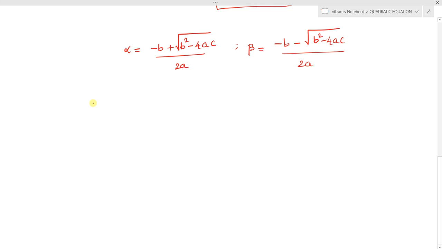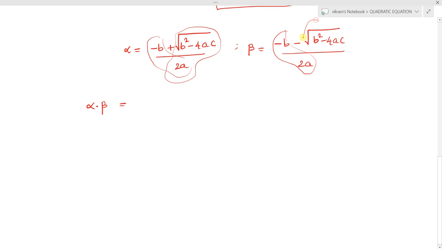If we multiply alpha into beta, each has minus b by 2a as one term and square root of b square minus 4ac by 2a as another term.